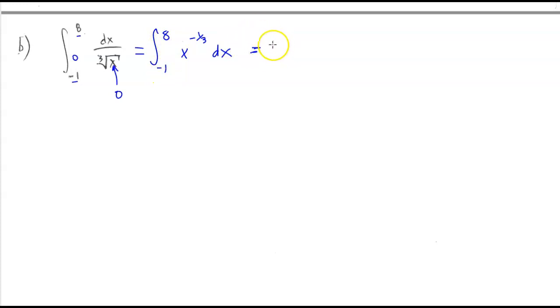Okay. So what this also tells us is that since 0 is a number in between -1 and 8, what we need to do is consider evaluating or splitting this integral up into 2 separate integrals here and making sure that both improper integrals will actually converge.